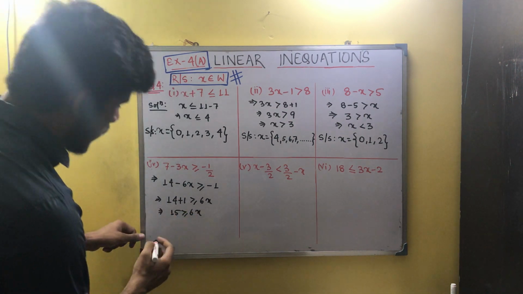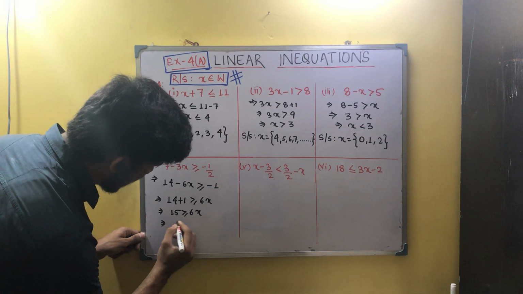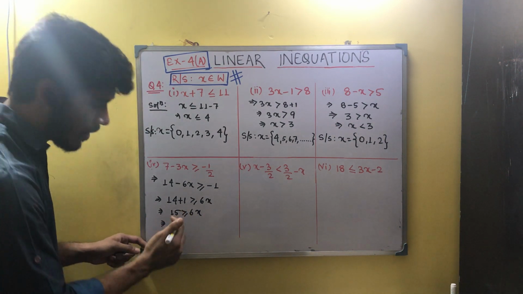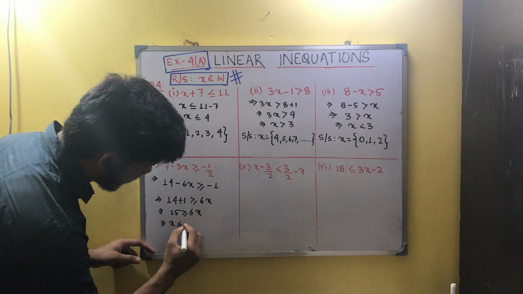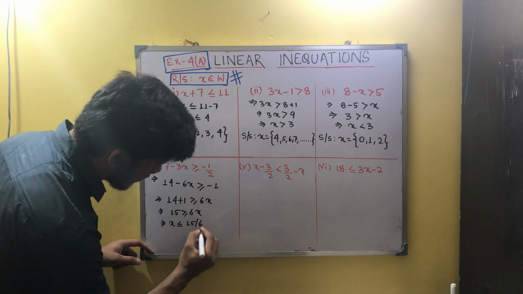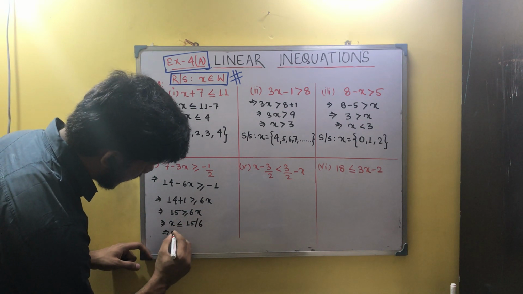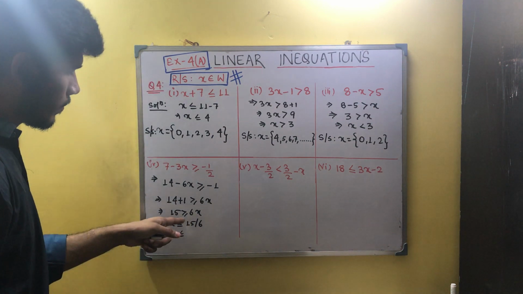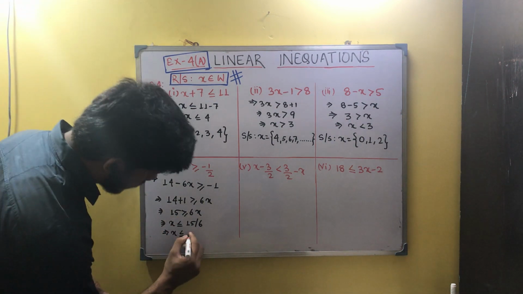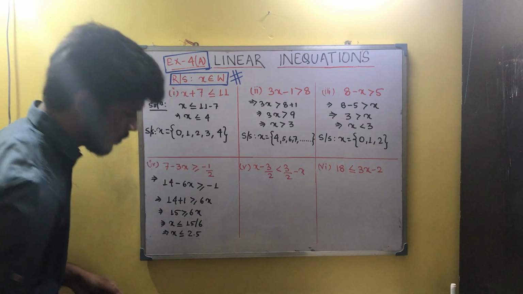Now if you reverse and then divide, you will be getting x is less than equals to 15 upon 6, which is what? x is less than equals to 2.5, isn't it?